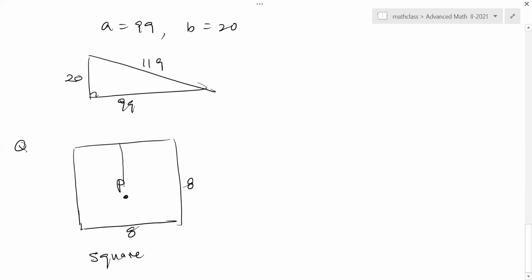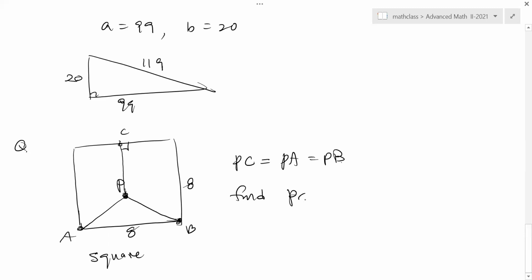The distance to the top line is the same as the distance to both vertices. So this is A, B, and C. Here's a perpendicular. So PC equals PA equals PB. Find this unknown distance PC.